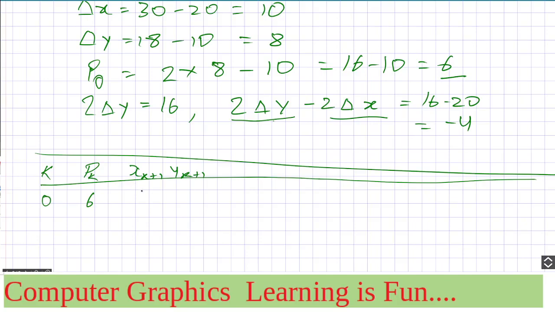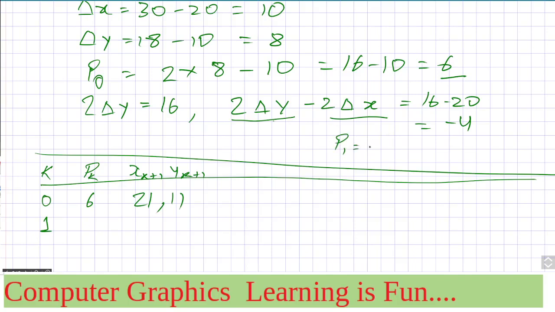x will definitely increase from 20 to 21, and y is 11. Done. K is 1. What will be pk? You will have to calculate.